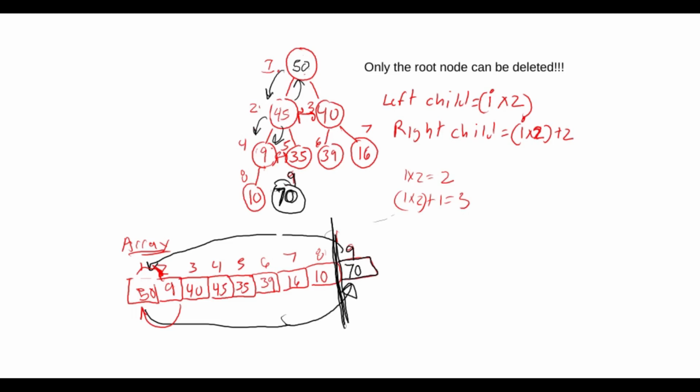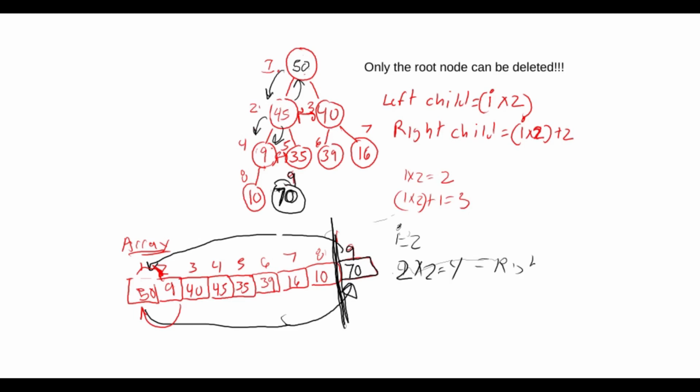So you can see here that I was equal to 2, which was 45. So you can say 2 times 2 equals 4.